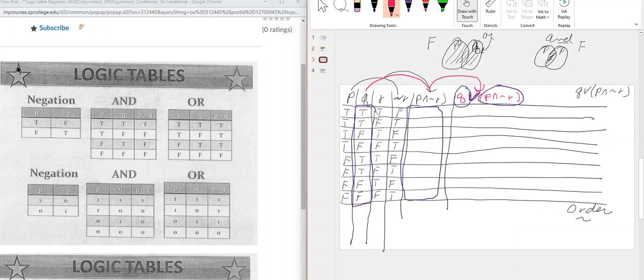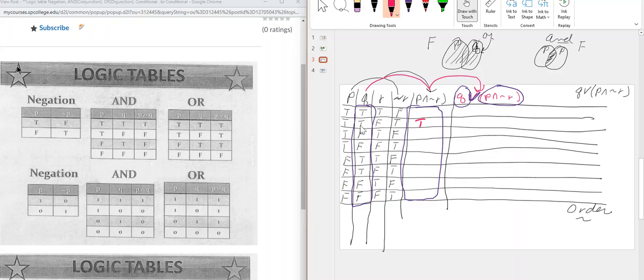Okay. I have here, I need P and not R. So I've got R, I've got P. I do P and not R. All I'm looking for are both trues. Well, there's a true, false, true, there's a true. So I write down the true. True, false, false, false, false, true, false, false, false, true.